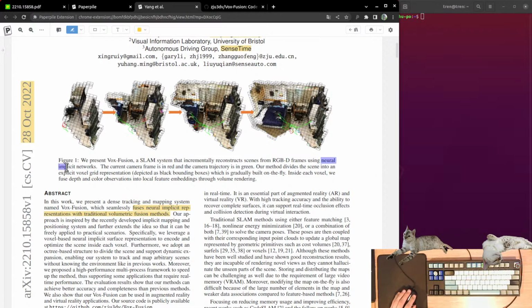So within the embeddings of a neural network is the content of the scene, and then given a new camera angle, you can basically render the scene as you would see it from that camera angle. So they do this, but they actually put it under a SLAM framework using voxels and storing it in octrees, so it's efficient. And I think that this is an interesting combination of a bunch of ideas that have been floating around.